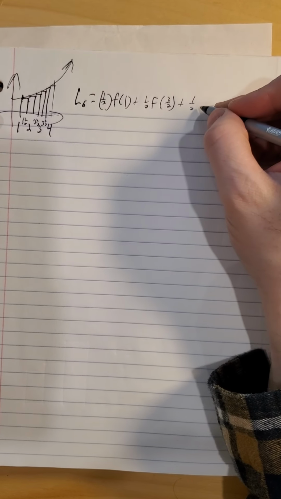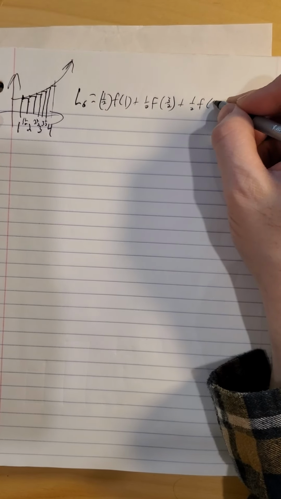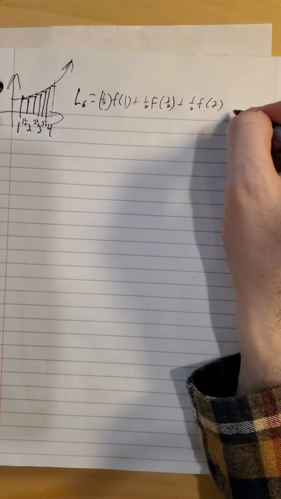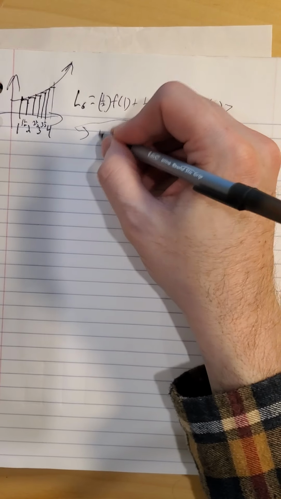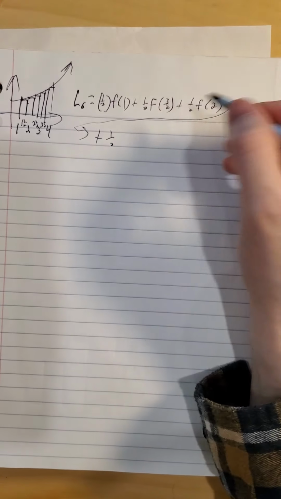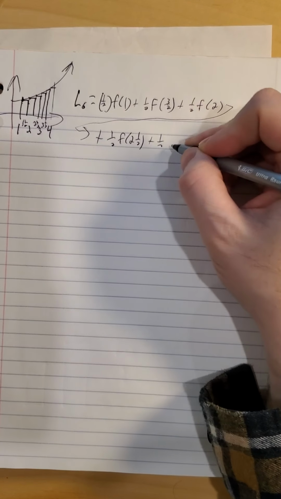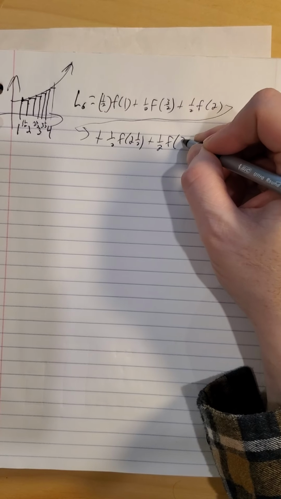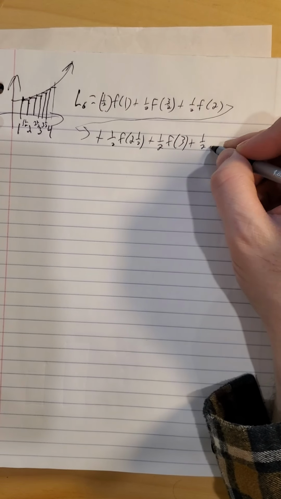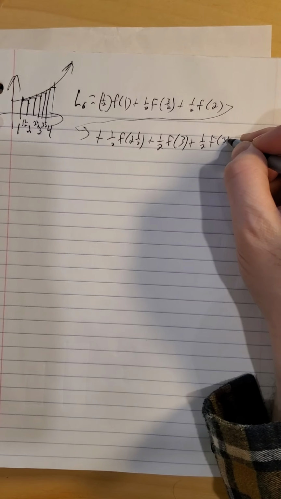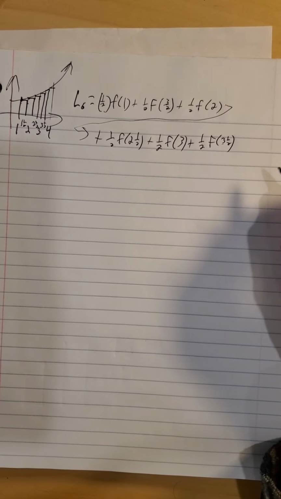Next one was 1/2 unit wide, f of 2. And we'll just continue this down here. 1/2 unit wide, f of 2.5. 1/2 unit wide, f of 3. 1/2 unit wide, f of 3 1/2.